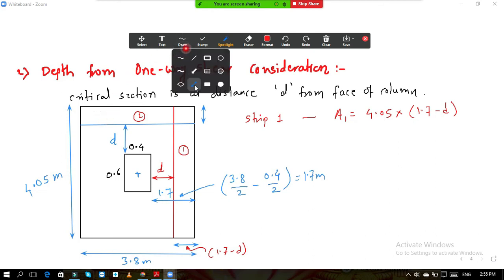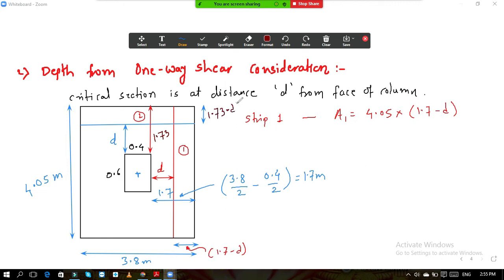Now if you see this total distance from this point up to here, we have calculated this total distance as 1.725, so 1.73. So this will be 1.73 minus d. So I can write now for strip 2, what is the area A2?